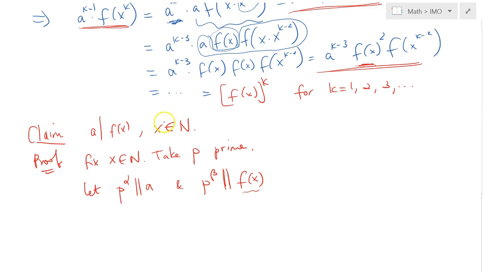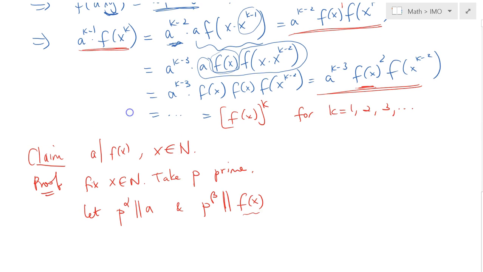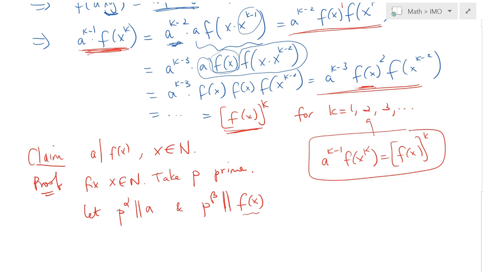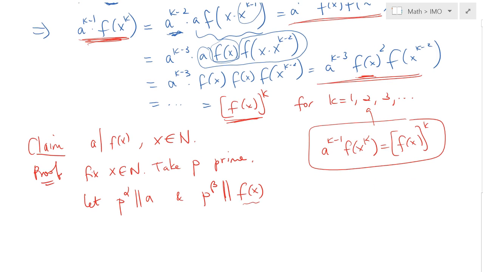So therefore, when you focus on our formula here that we got lately, let me rewrite this formula. a to the power k minus 1 times f of x to the power k is equal to f of x to the kth power for these values of k, right? So in view of this, it will work for every single k, right? So it would work for k equals 1, k equals 2, and so on.